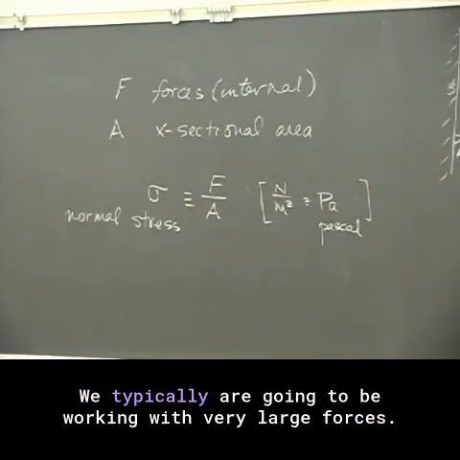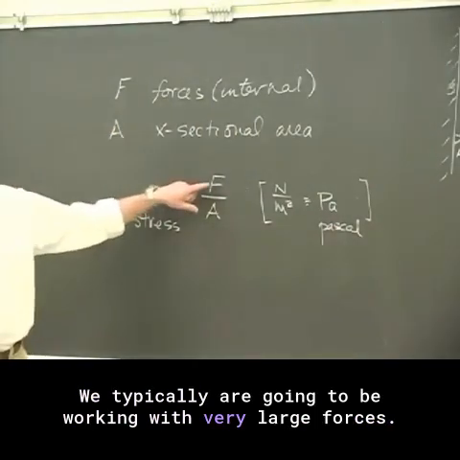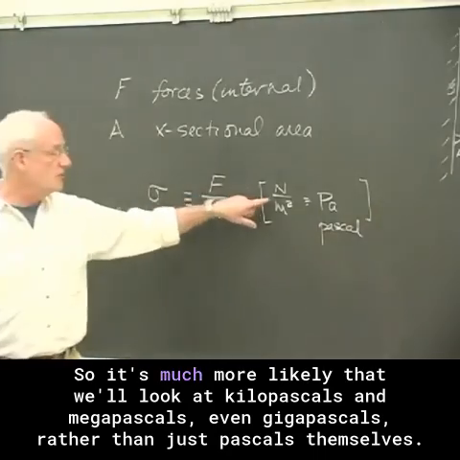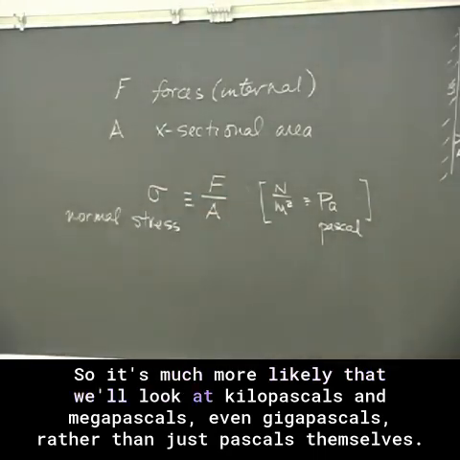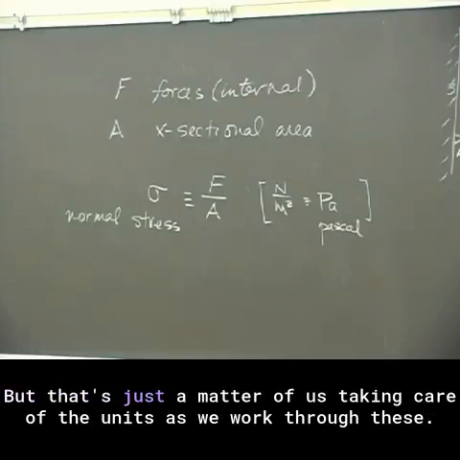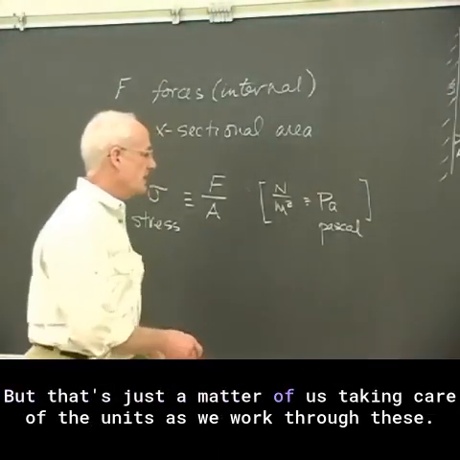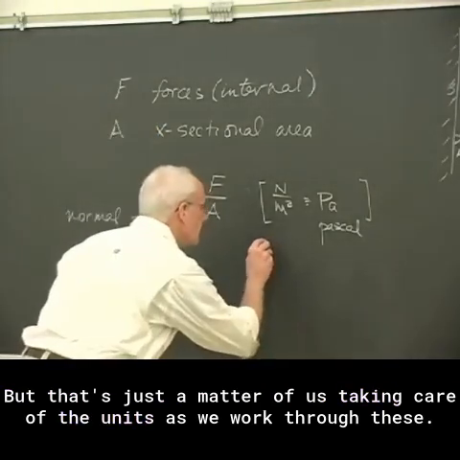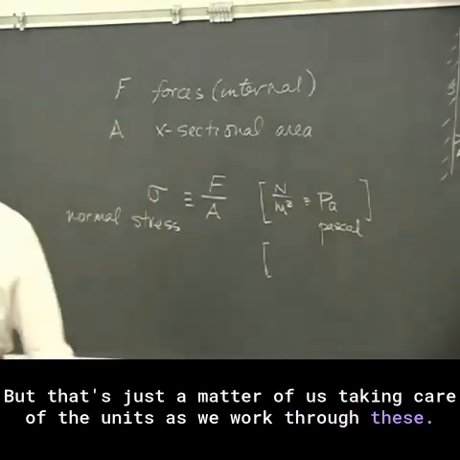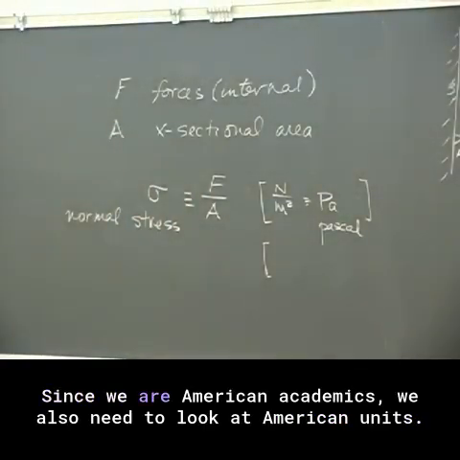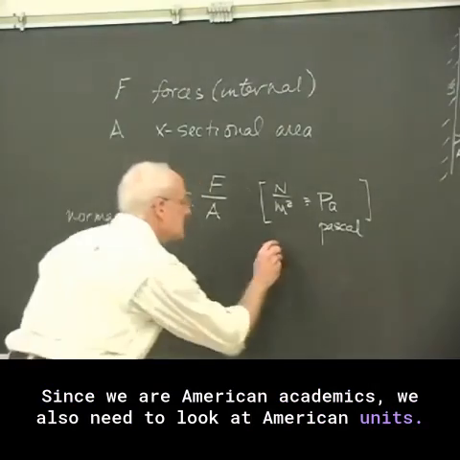We typically are going to be working with very large forces, so it's much more likely that we'll look at kilopascals and megapascals, even gigapascals, rather than just pascals themselves. But that's just a matter of us taking care of the units as we work through these. Since we are American academics, we also need to look at American units.